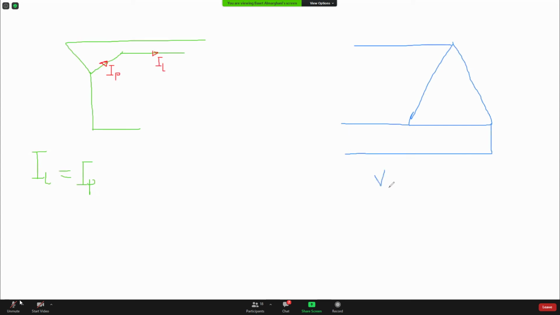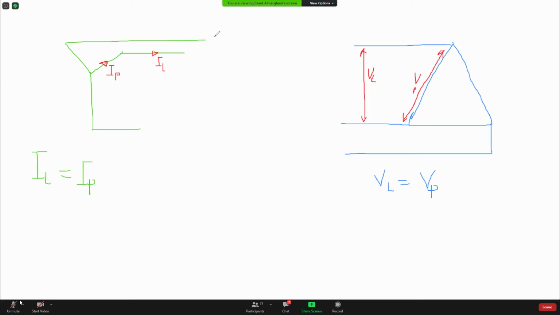V line equals V phase now. And this is clear because across the phase, it's called V phase, and between the lines, it's called V line. And we can see they're the same. What is across the phase and what is between the lines is the same.